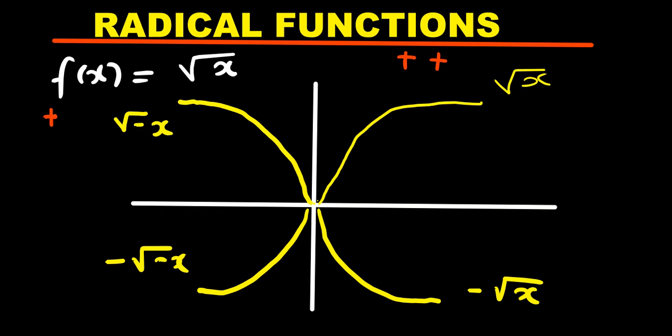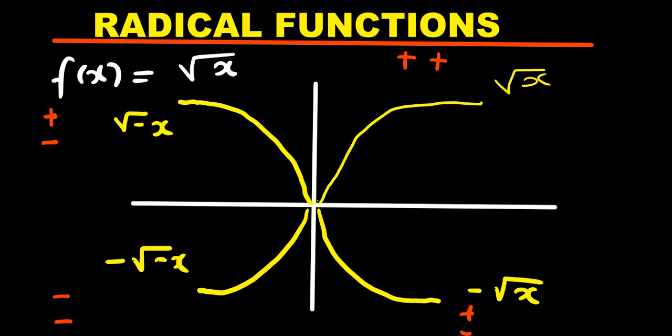The value of x in this region is negative. Look at where it's going, to the negative values of x. Let's come to this one. The values of x and y, both of them are negative. The values of x here are positive. The values of y here are negative. So that's how they're going to be.